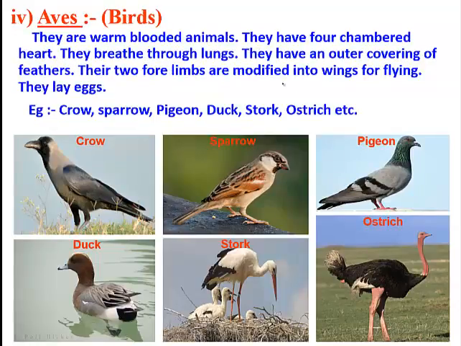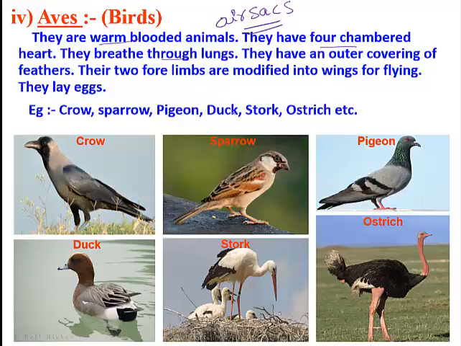Aves. So aves include the birds. Birds are warm-blooded organisms, and they have a four-chambered heart. They breathe through the lungs. Especially, they have air sacs connected to the lungs. The air sacs help them in storing the air when they move between different altitudes. You'll find a beautiful physiological structure inside the body.